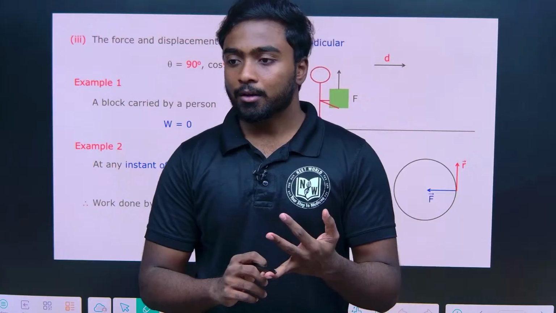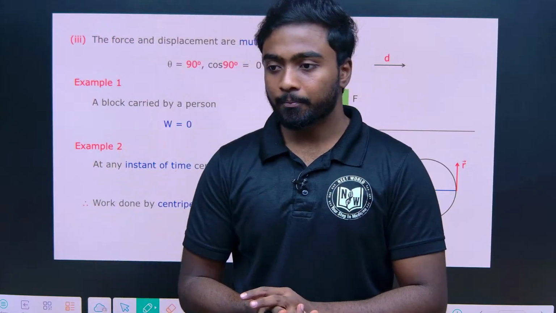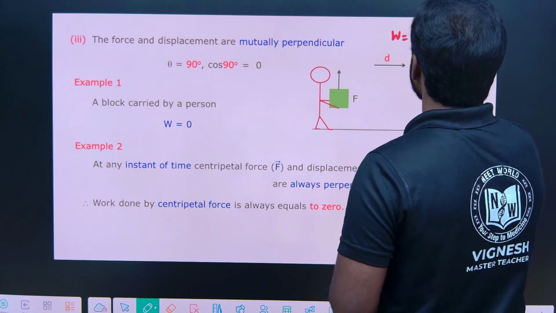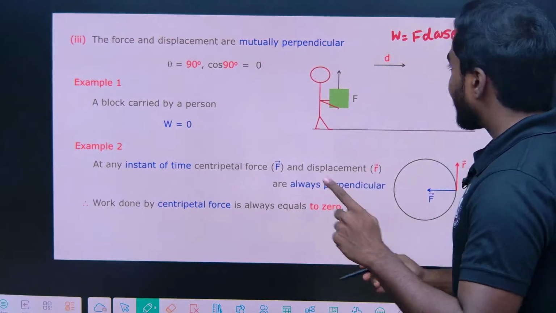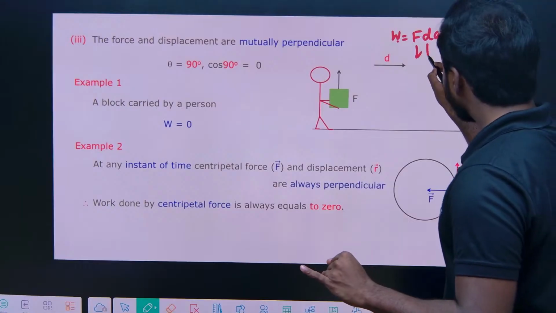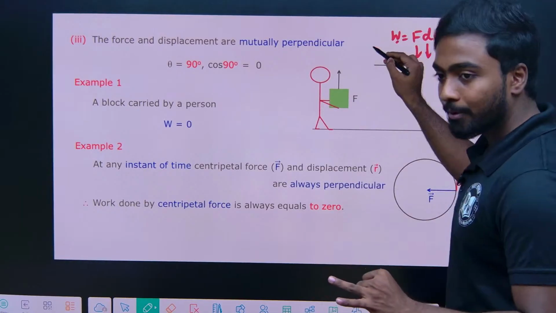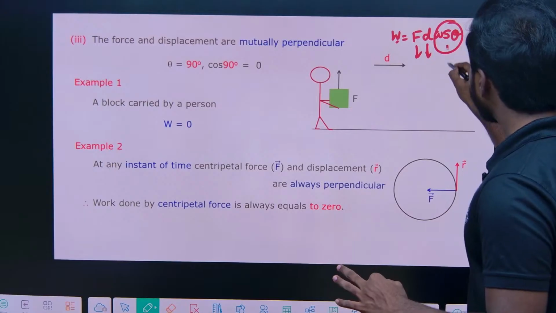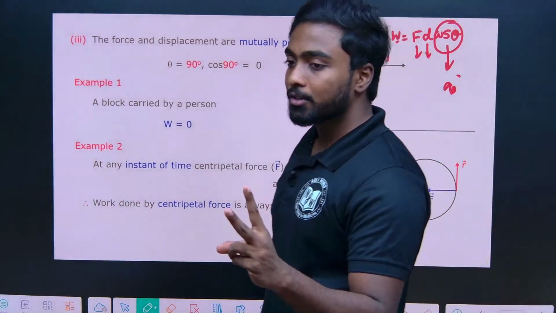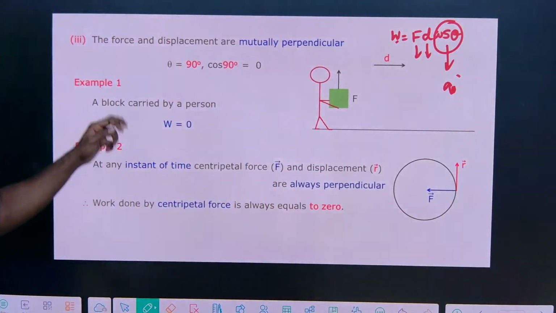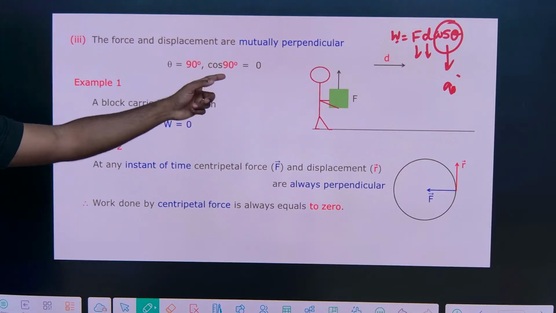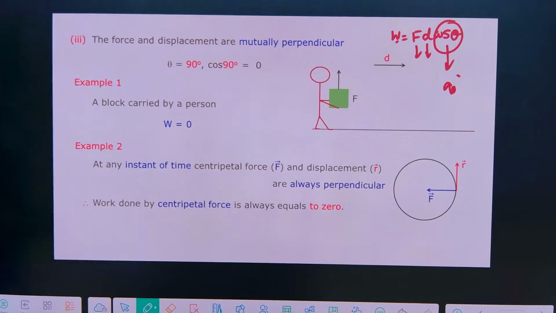Second condition: force is 0, so no work done. So W equals Fd cos theta. Either force should be 0 for work done to be 0, or displacement should be 0, or else the angle between them will be 90 degrees. So totally three conditions. The third condition is force and displacement are mutually perpendicular, which means theta is 90, cos 90 will be 0. Okay, take it.